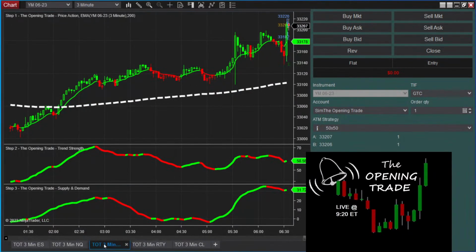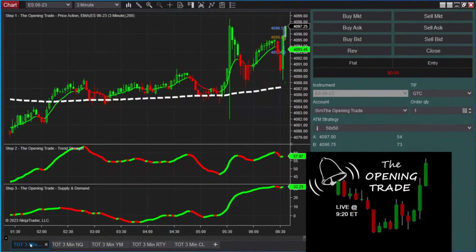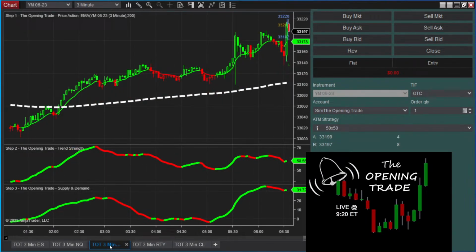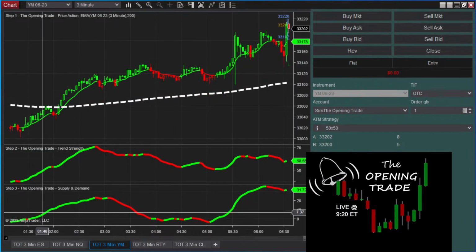We've got Russell, Dow, NASDAQ, S&P 500, and here's the Dow. In less than 2 minutes, we could potentially see an automated trade take place on the Dow Jones Futures.